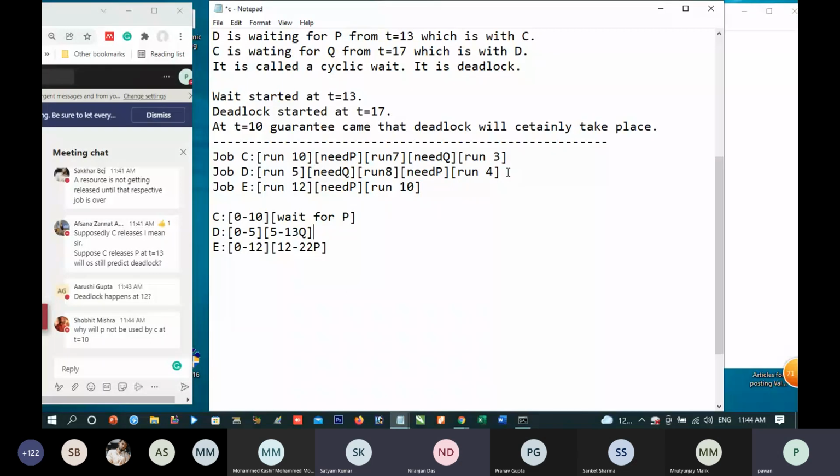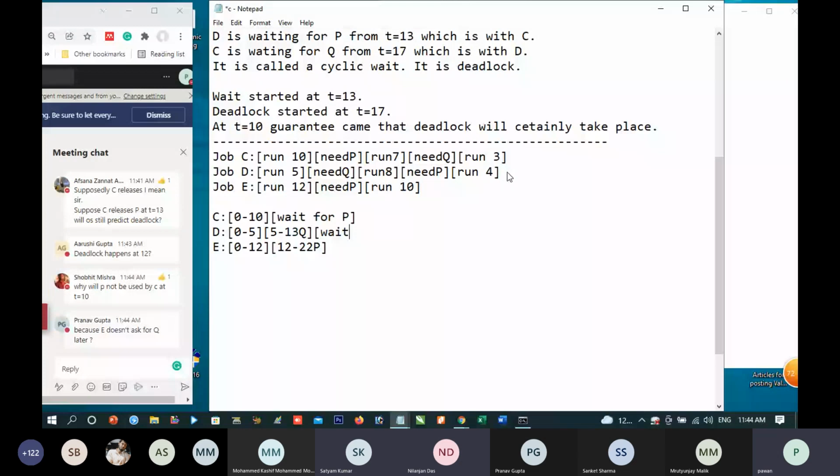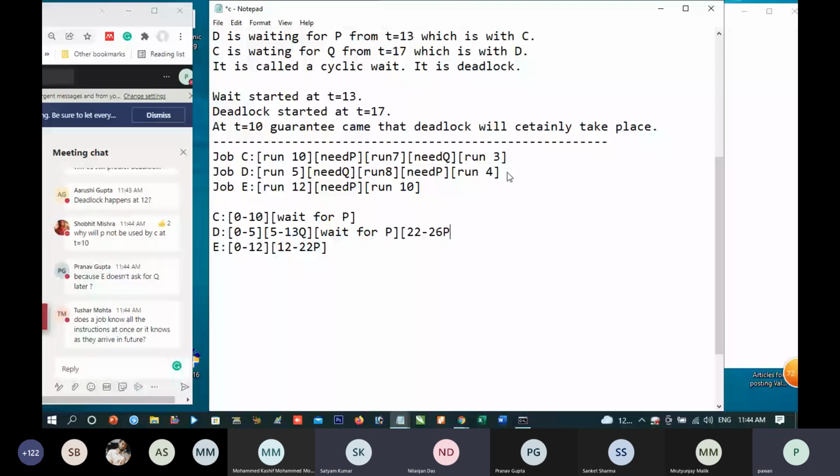And at time t equal to 13, job Q will remain in a wait state for P. At time t equal to 22, it will be given P and Q both, and it will execute.